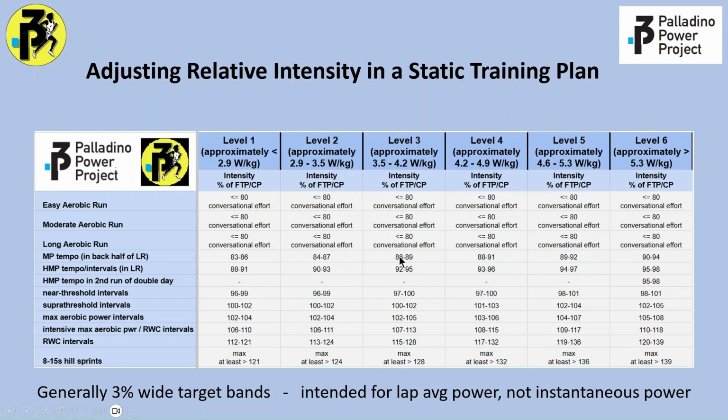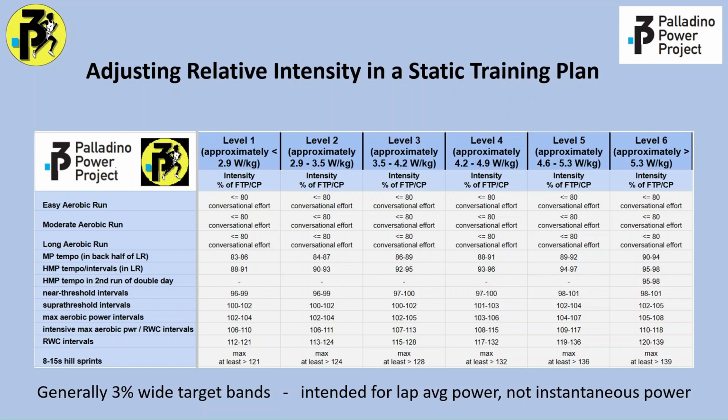So I keep them at 3% wide, and remember that the target range is not that every second your power has to be in that range. So there's going to be times when your power is higher, say at the beginning as you start an interval and you back off, and you may over back off and it goes down below. There's going to be some excursions above and below, but the targets are intended for the lap power, the average power of that specific interval or that specific tempo segment.